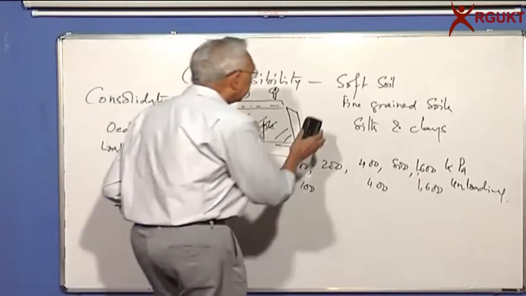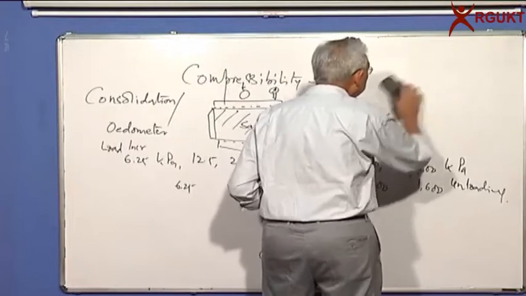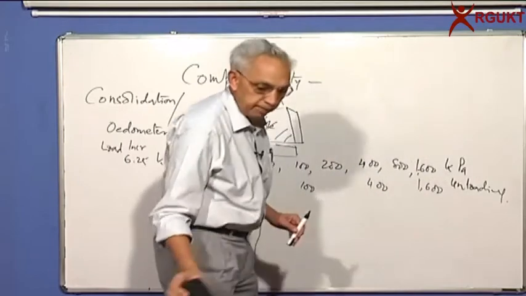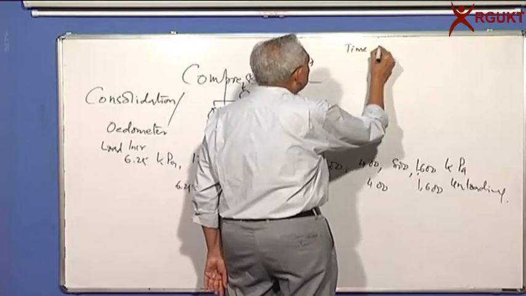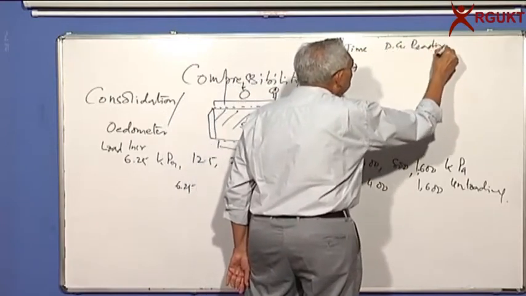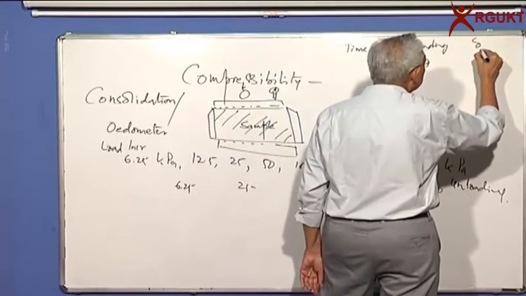The readings of the dial gauge are taken at different time intervals. So time, dial gauge reading, and compression or delta, you can say.